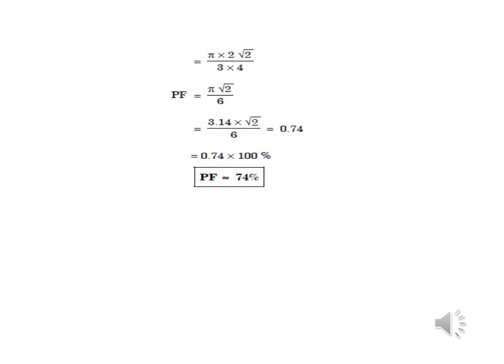Pi value 3.14, root 2 by 6, that is 0.74 or 74%. Atomic packing factor equal to 74% for FCC unit cell. Packing density is high. It is a highly closely packed or tightly packed structure, for example copper, aluminium, nickel, gold and lead, etc. 74% volume is occupied by the atoms in a unit cell and the remaining 26% volume of the unit cell is vacant.